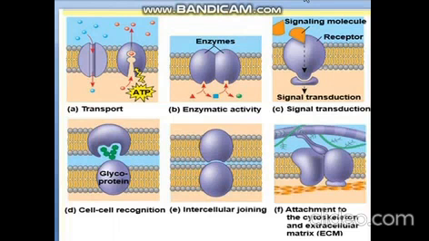So here is the image, like for transport. Sometimes energy is needed for the things that will go inside the cell, and there are these blue balls that want to go out, right? And sometimes this movement may need energy, and sometimes it will not need energy.